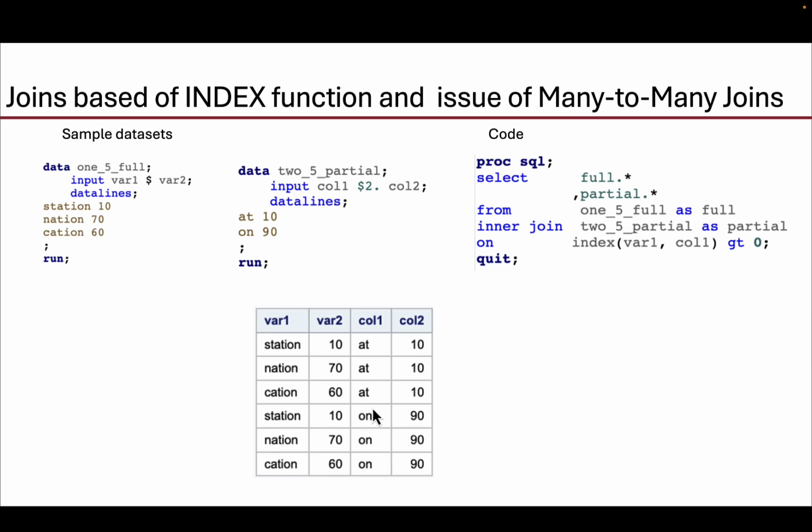This leads to a lot of problems, especially if we have lots of records here and lots of matches in here. It will create very large data sets. Another problem is the data becomes very unclear. We do not know what exactly we are trying to match. So we have to be very careful whenever we are joining based on the index function or a like operator. I have not given the example of the like operator in here, but it works pretty much similar to the index function.